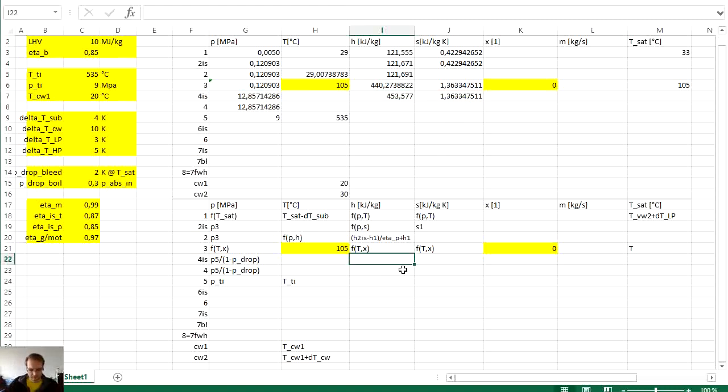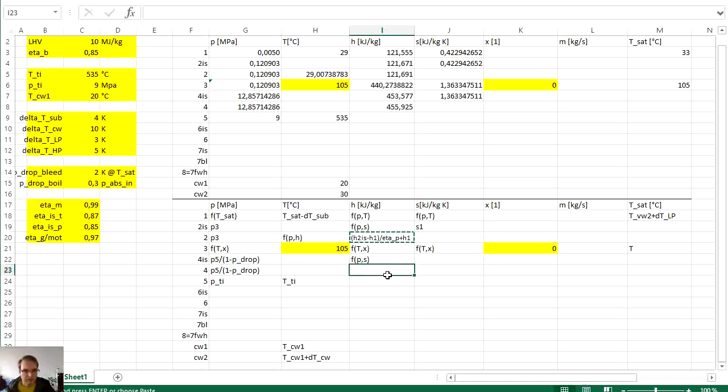And for the enthalpy after the real pump, the function will be again the same as here. We can almost copy paste it, just we need to adjust for the efficiency of the pump, and we get the enthalpy.